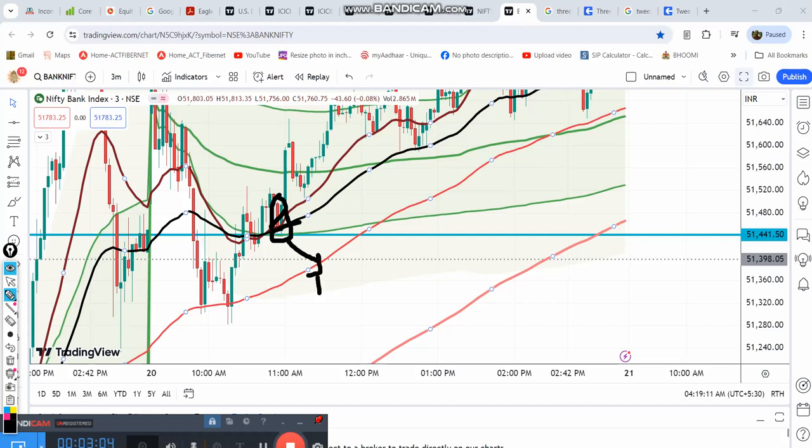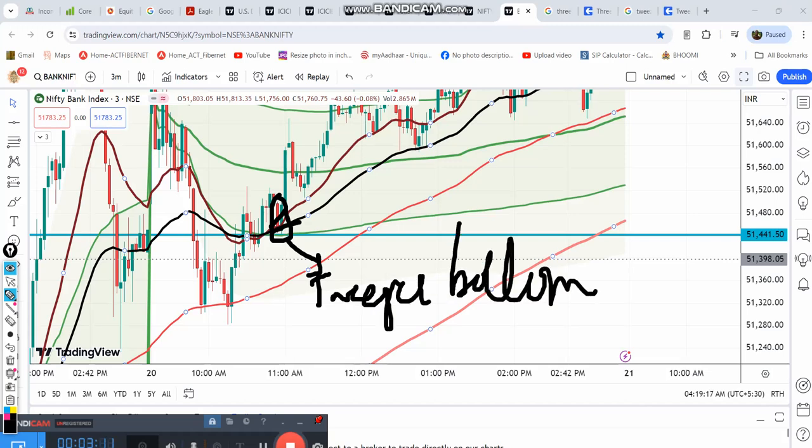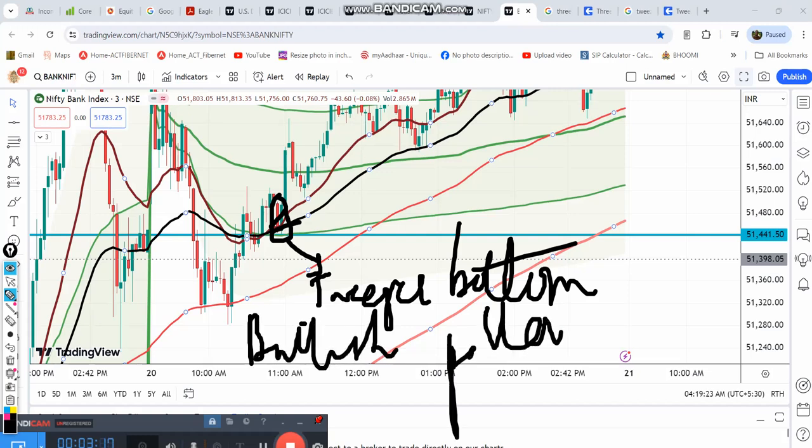So this I can call a tweezer bottom pattern, bullish pattern.